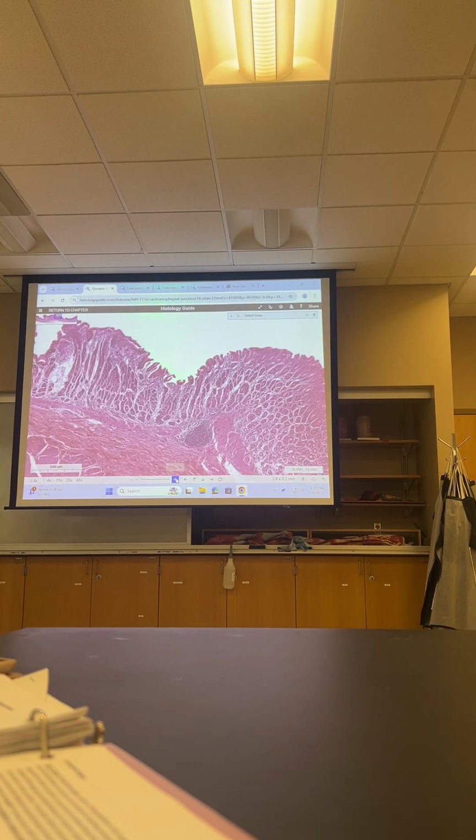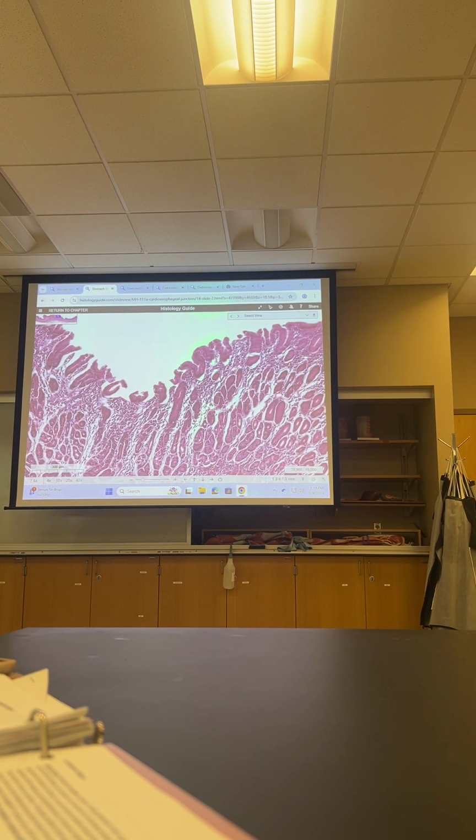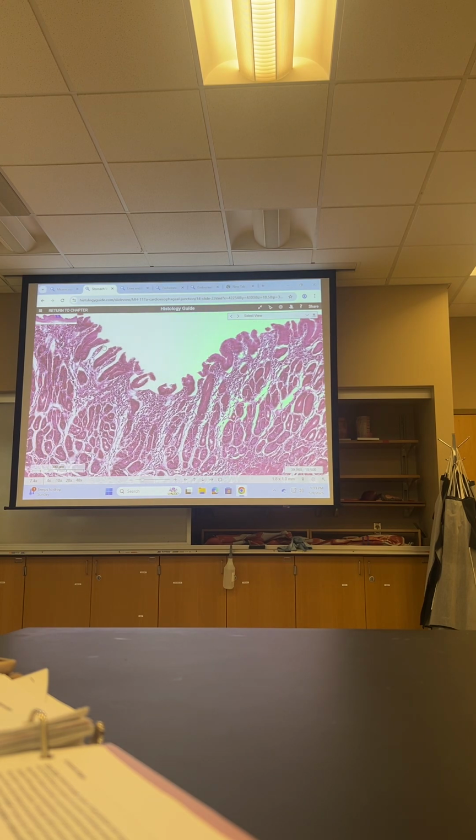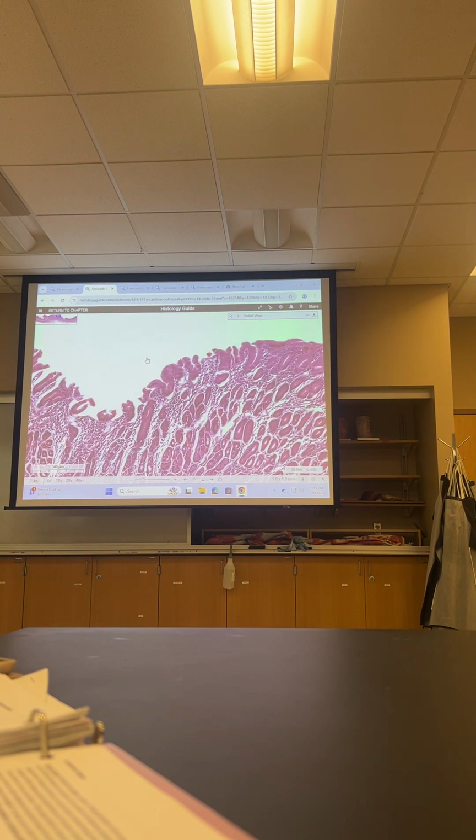So in this, the epithelial tissue is simple columnar, and you can see it here and all this out here. Simple columnar. And then there's some invaginations here. So as you look here and here, and over here, those invaginations are known as the gastric pits.